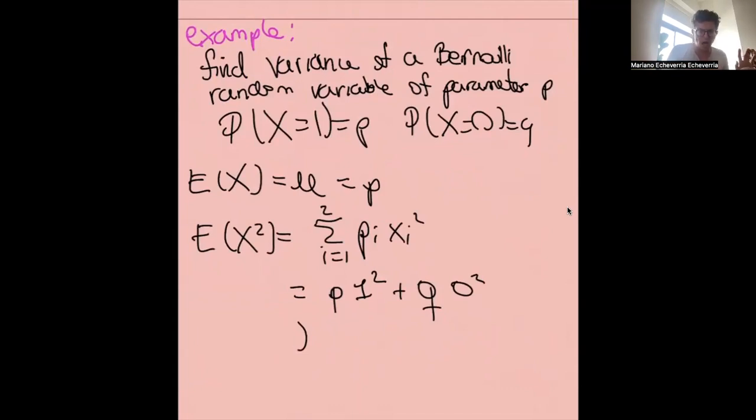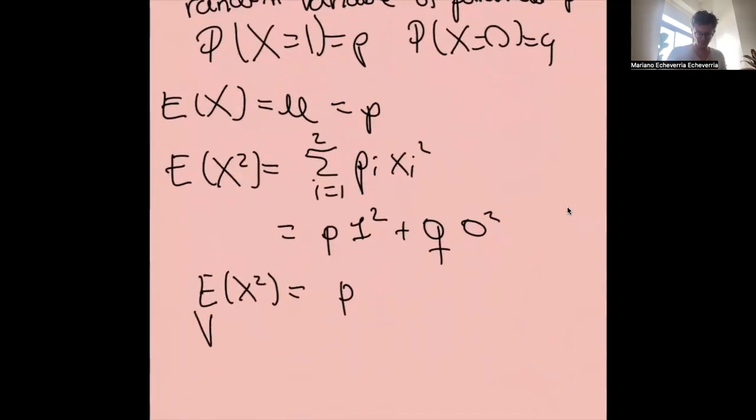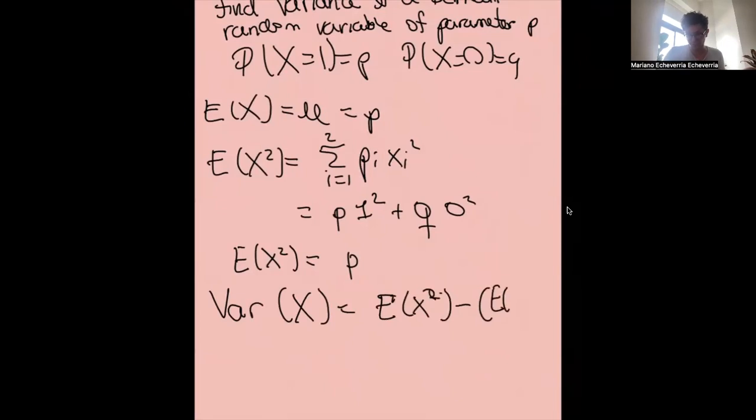Obviously this is not the case all the time. It's just that the Bernoulli random variable is very simple, and the second moment is giving you p as well, right? So the variance of x, which is the second moment minus the square of the expected value, just ends up being p minus p squared.